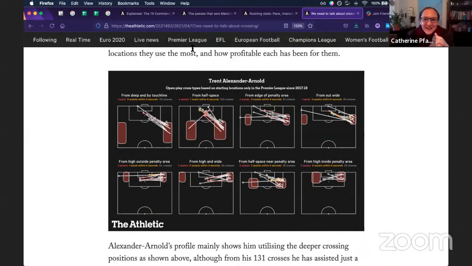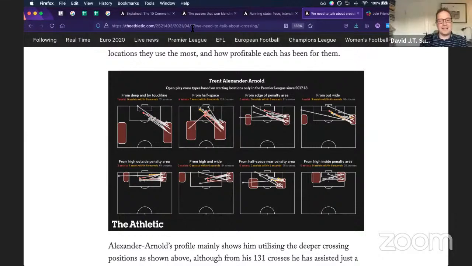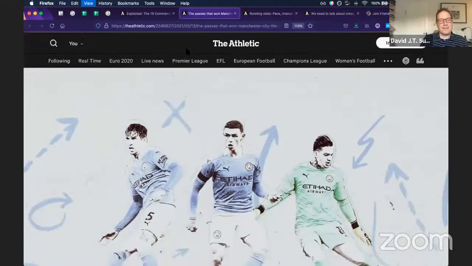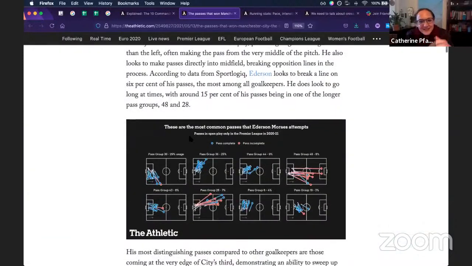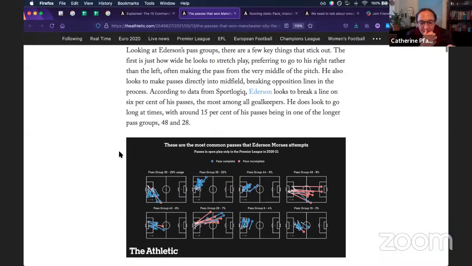So the passing one is the Manchester City one. One of the most interesting things, of course, I like it because I've been following Manchester City. When you're talking about the passes by the goalie, by Ederson, they showed up in multiple ways in the semifinal and the final as key.